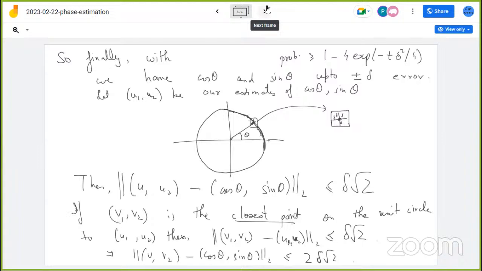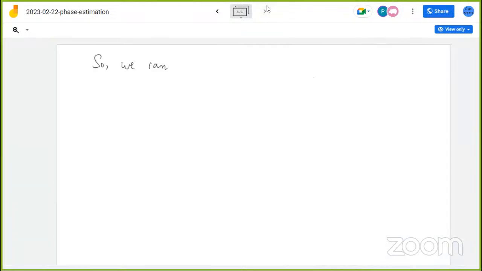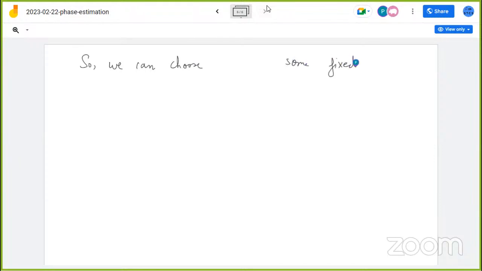So we can choose some fixed constant delta naught. If delta is less than or equal to delta naught, then we can obtain a plus minus pi by 16 approximation of theta.